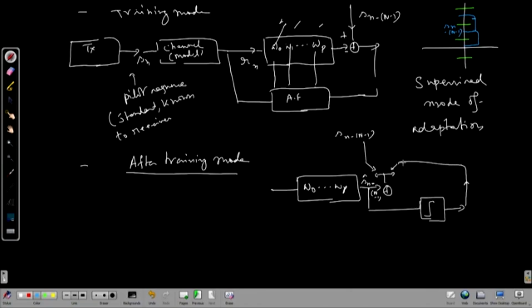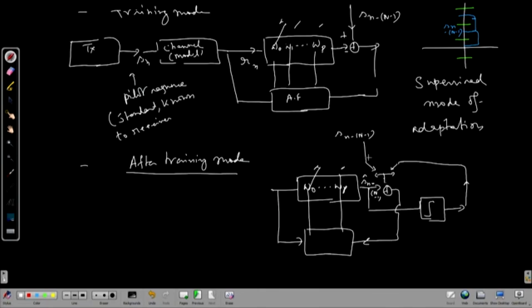So, that will come here as desired response, because what we are targeting then is this. First, let me make it adaptive. Adaptation, the error has to come from here. During training mode, this switch moves here.